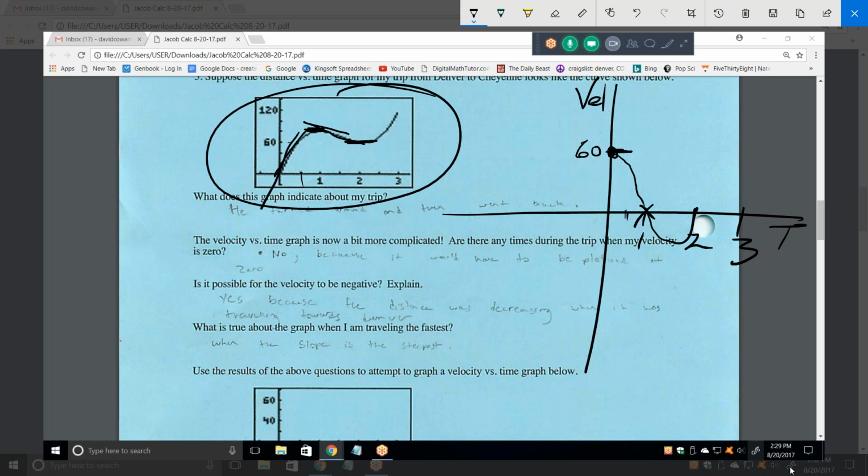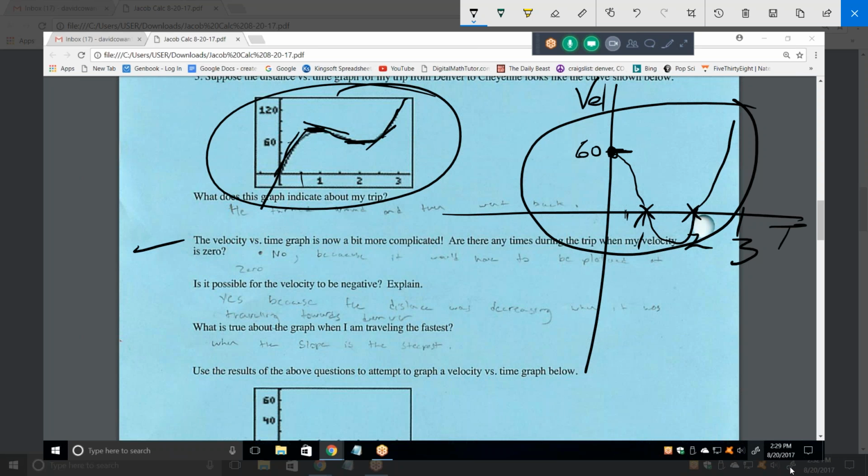So it's back to 0. So that point has to be on the curve. And then finally, the slope of the tangent line increases and gets faster and faster. So there is the graph of the velocity. And that's what they're asking for here, the velocity versus time graph.